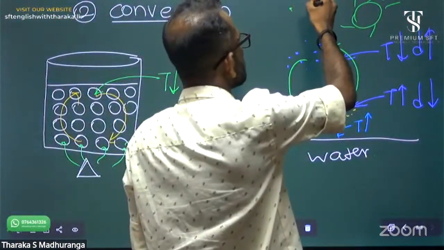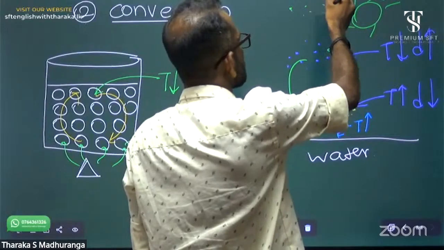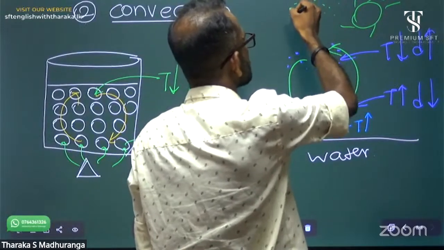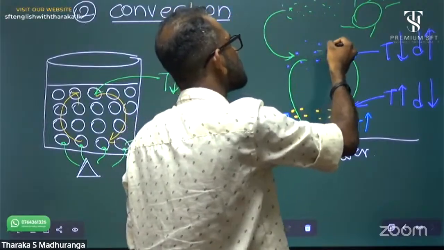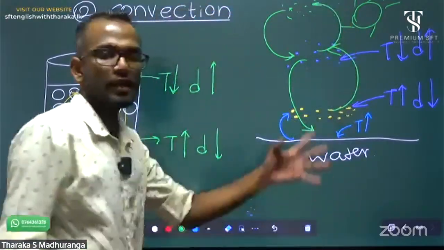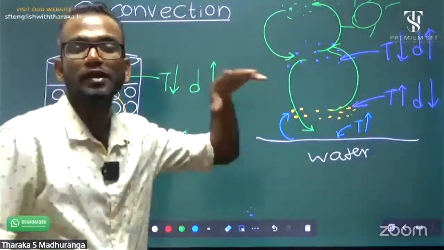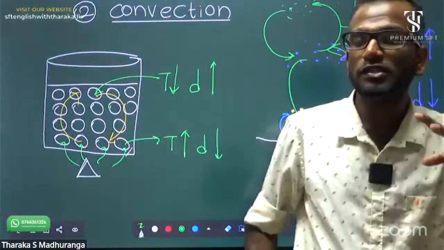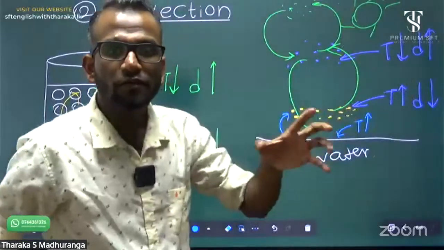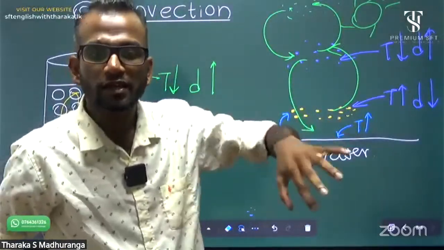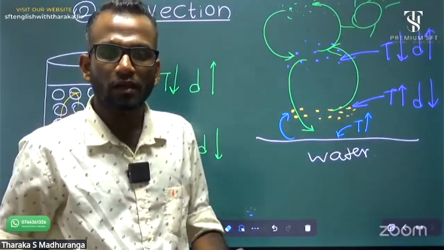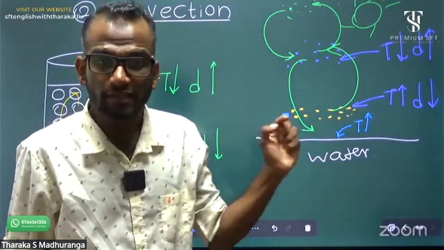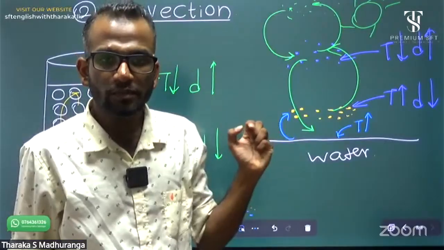Again in this area, the cooled air, cool gases circulate again. This is how evaporation and transpiration happen. Evapotranspiration takes place for the water cycle due to this convection of gases. Understood?